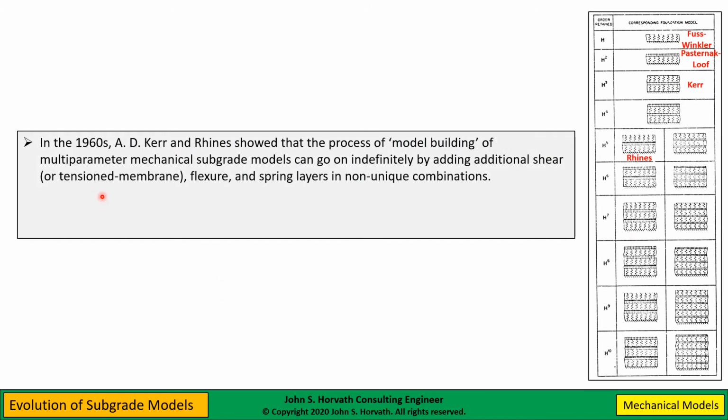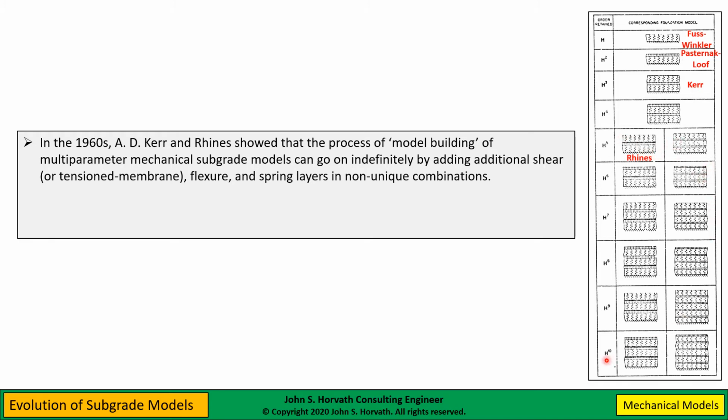Now, in the 1960s, Reissner, who was Professor Arnold Kerr's doctoral student at the original New York University Engineering School, the one that was located in the Bronx, New York City, wrote a nice little research report that showed that this process of mechanical subgrade model building, if you will, can go on as long as you want. You just keep adding layers of mechanical elements.